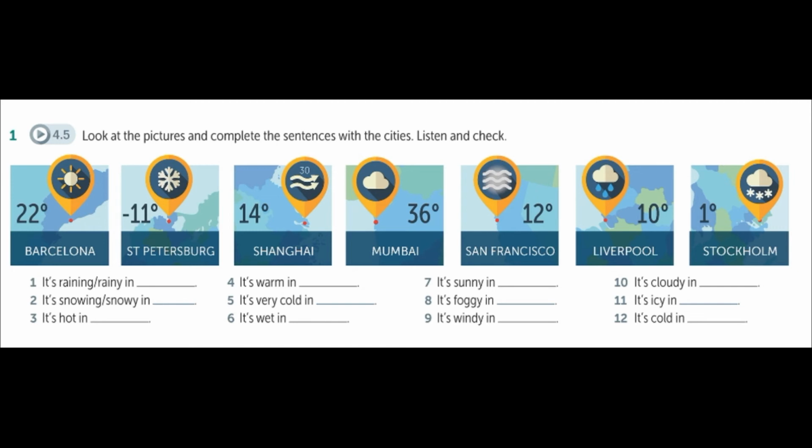Number 3, it's hot. 4, it's warm. 5, very cold. 6, wet. Wet means when it's full of water. You see, humid. 7, sunny. 8, foggy. 9, windy. 10, cloudy. 11, icy. It comes from the noun ice. You see? And 12, cold.